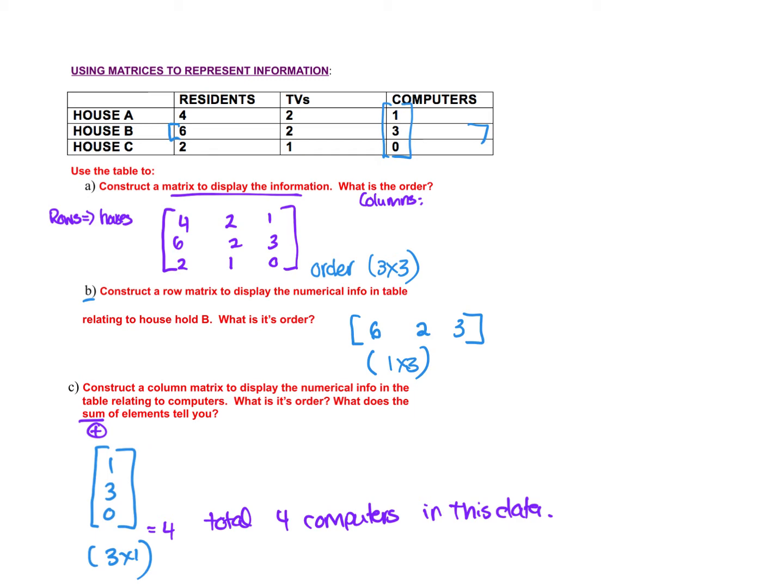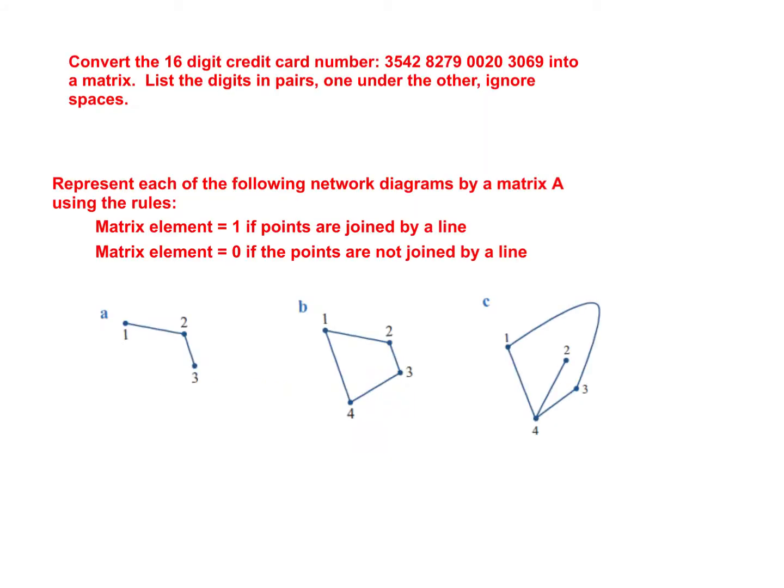So it's pretty easy. Okay, so as we said, we can get digital data and represent it in a matrix. Here this is a credit card number, and they want us to put it into a matrix, but they want us to list the digits in pairs, one under the other, and ignore spaces.